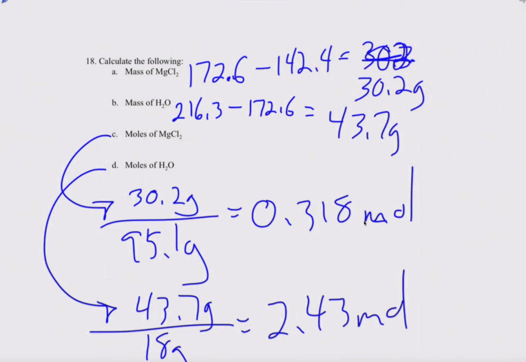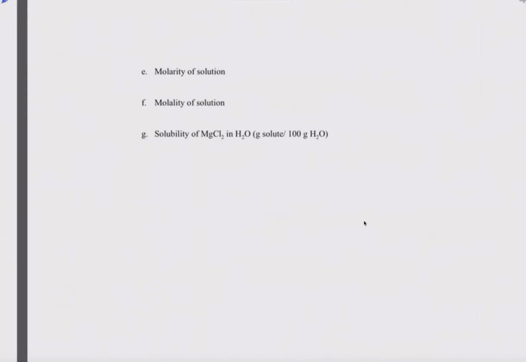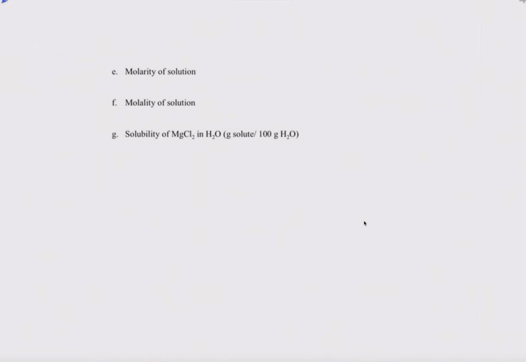Okay, so we know how many grams of each substance, how many moles of each substance. So we can do some calculations here. Molarity is moles per liter. Well, the moles of the magnesium chloride is 0.312.